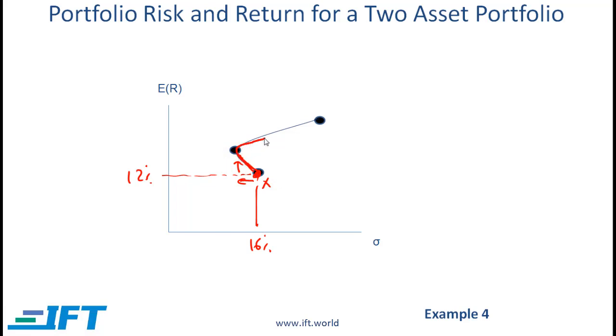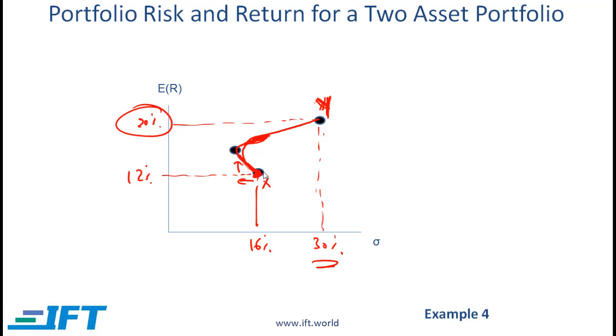After a certain point, however, both risk and return will go up. And as we keep adding Y, we will get to a point where we are 100% invested in Y, and there the expected return will be 20%, which is the expected return of Y, and the risk will be 30%, which is the risk associated with investment Y. So hopefully it is clear that as we move along this segment, the weightages are changing.